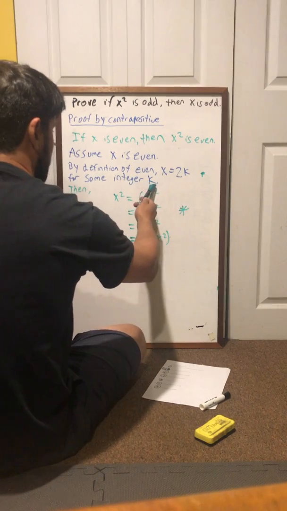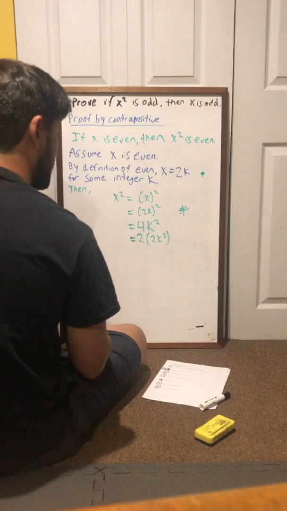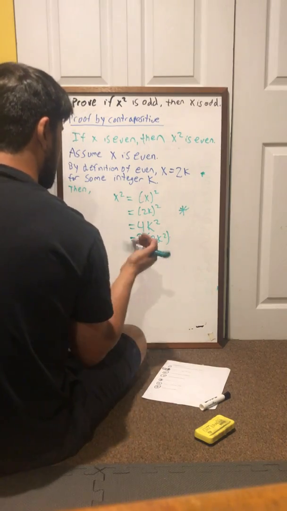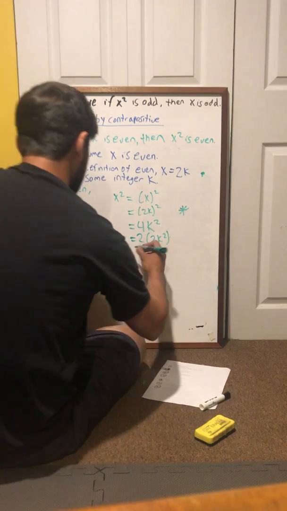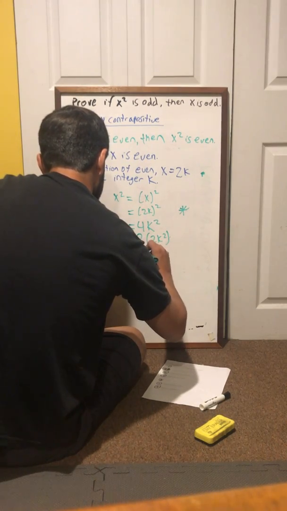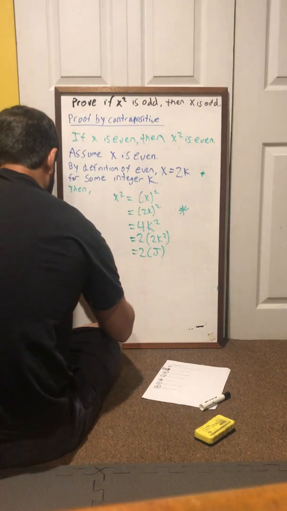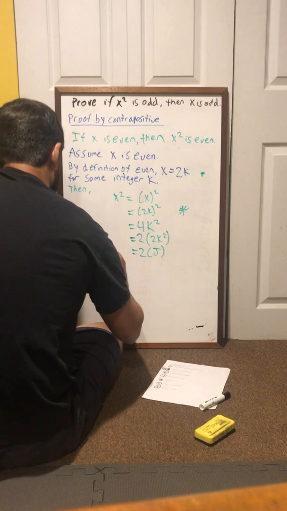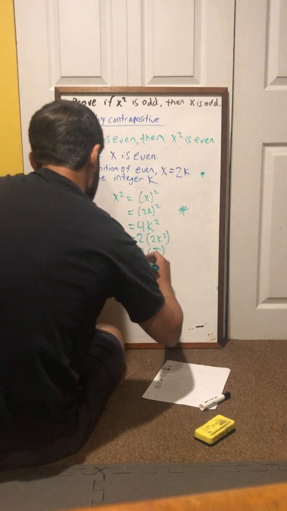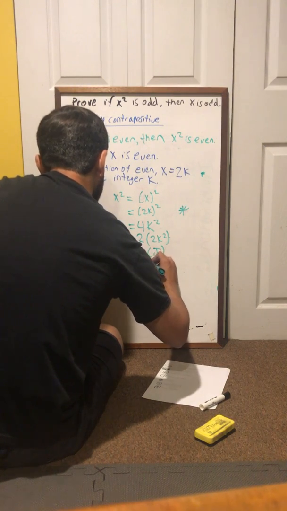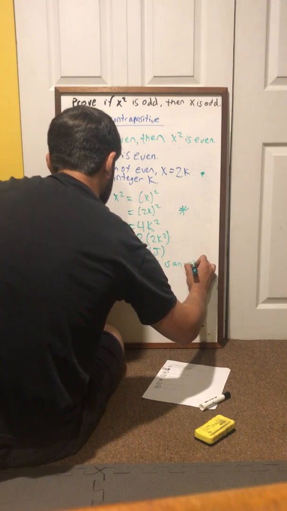Now, knowing that k is an integer, 2 times an integer squared, in this form here, we're going to also be able to say this is further again going to be an integer. So we're going to say 2j, where j equals 2k squared, and j is an integer.